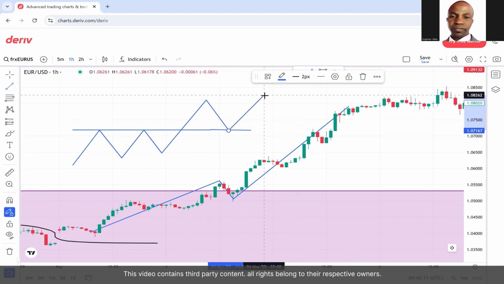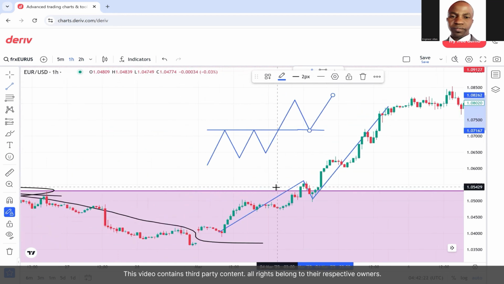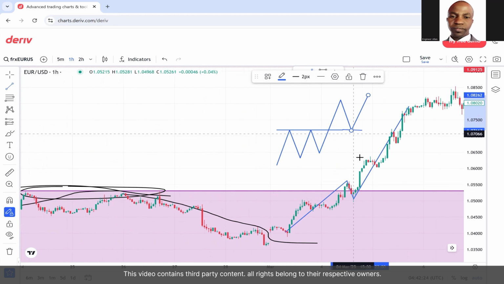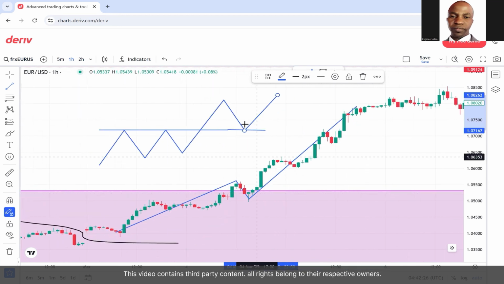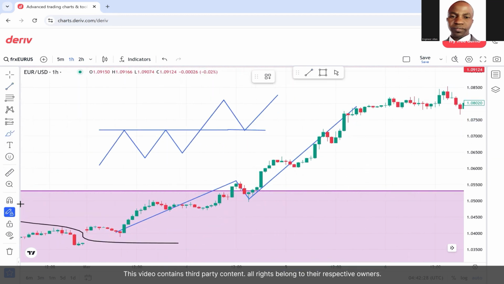So that's what I mean. If you look at it this way, you can easily see the similarity here. The price comes back to this particular zone. The price comes back here, and like you can see, the price gets out of here. Then whenever the price comes here, now you start looking at what really happens at that particular area.